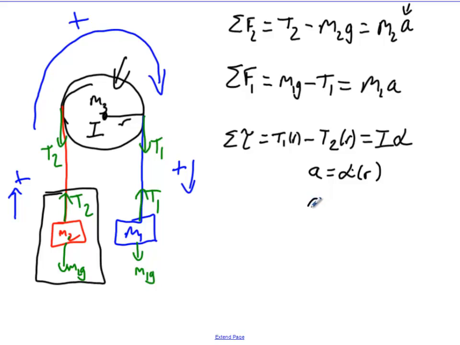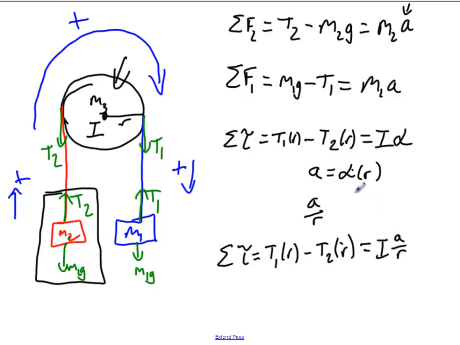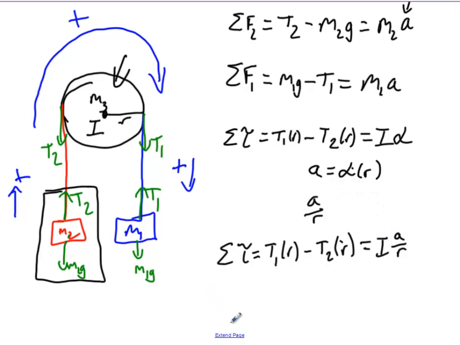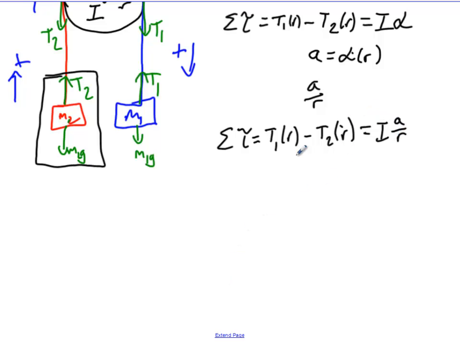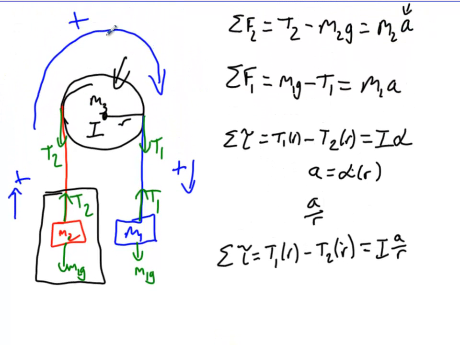Alpha is really A over R. So I have the net torque is equal to T1 times R minus T2 times R is equal to I times A over R. Now there's actually a relationship between I and R that we might get into at the end, but for now I'm just going to leave it like that. T1 and T2 are unknowns, but I can get equations for them. So I'm going to simplify these real quick.